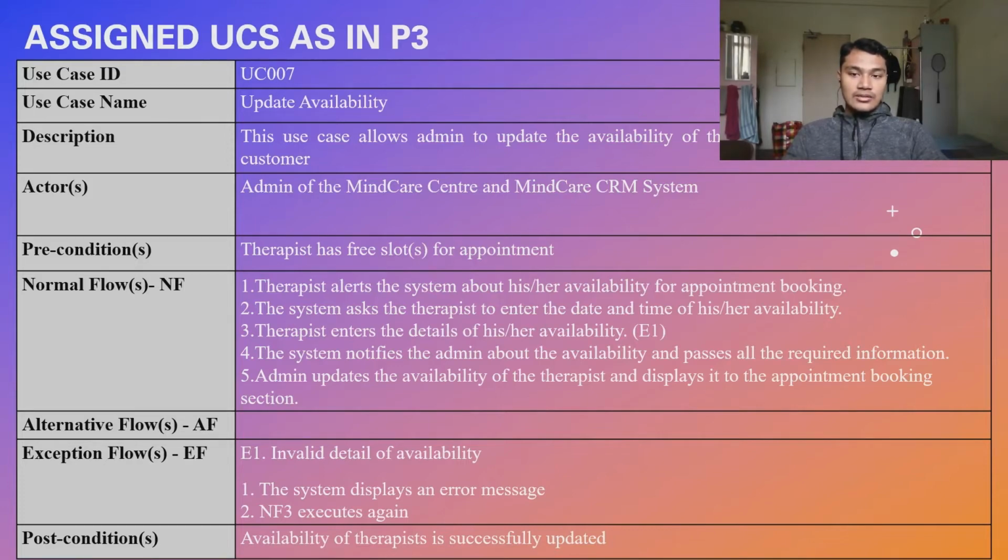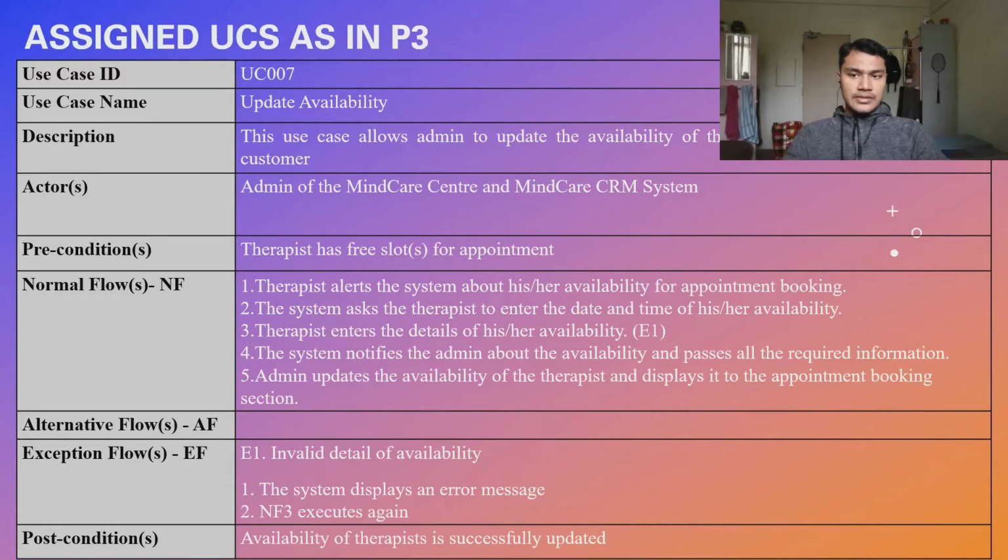The third one, the therapist enters the details of his or her availability. The fourth one, the system notifies the admin about the availability and passes all the required information. And lastly, the admin updates the availability of the therapist and displays it to the appointment booking section.